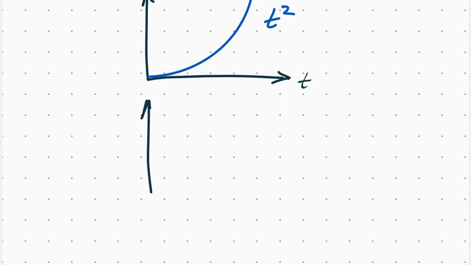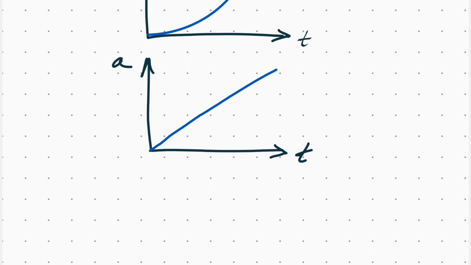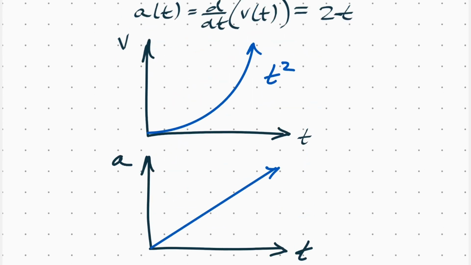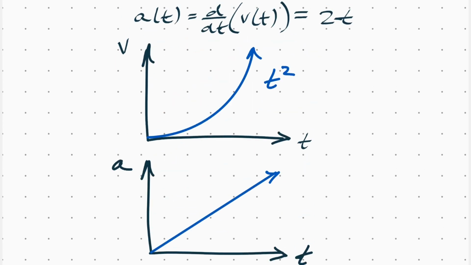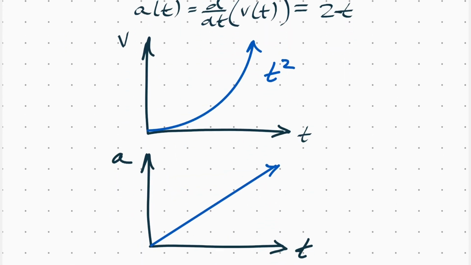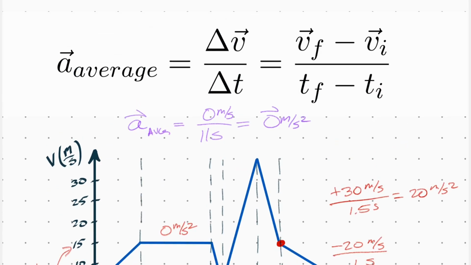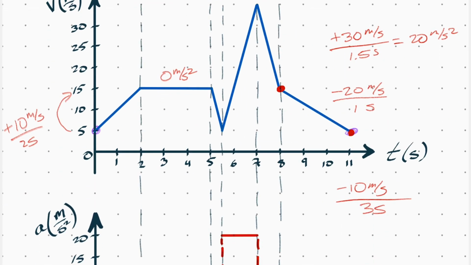And then what this formula is telling us is that the acceleration with respect to time is 2t. Well, that's just a diagonal line, and it has a slope of 2. And so there you go. That's your velocity and acceleration graphs, just using some quick calculus. That's a lot faster than applying this average acceleration formula over and over again to all these different segments.